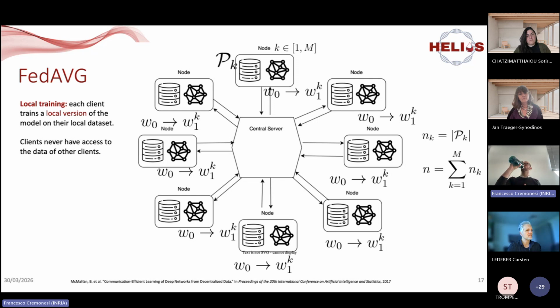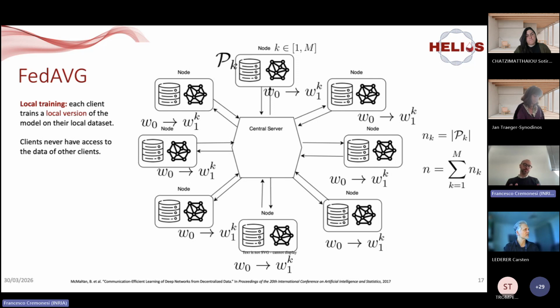And so every hospital will reach, at the end of this process, a slightly different version of the long list of parameters that will be specific for each hospital, because the data for hospital 1 was different from the data for hospital 2, and therefore their training paths will have diverged a little bit.